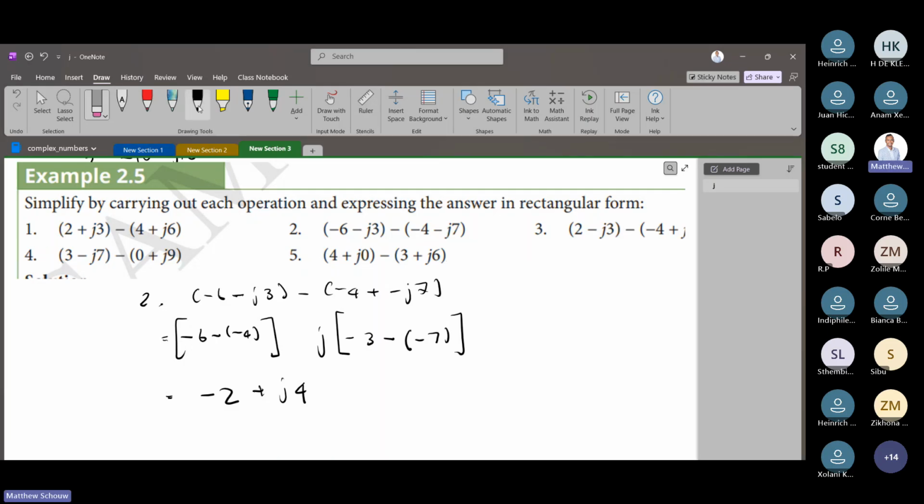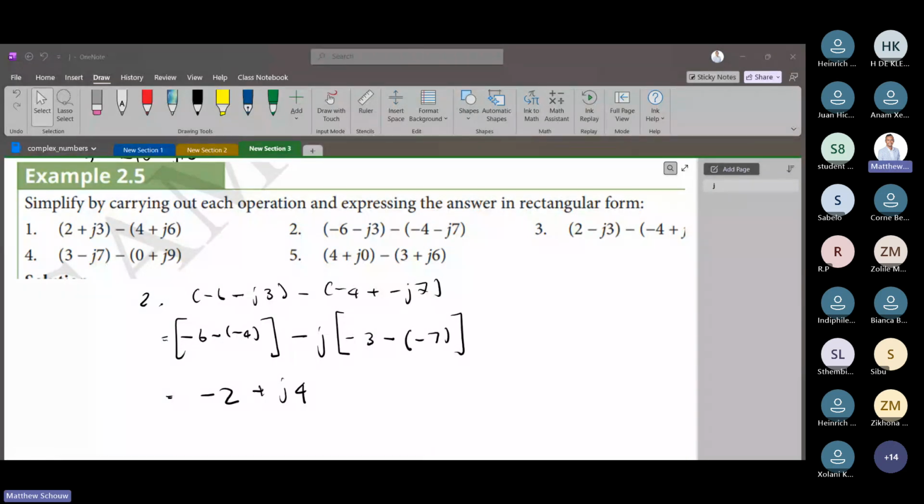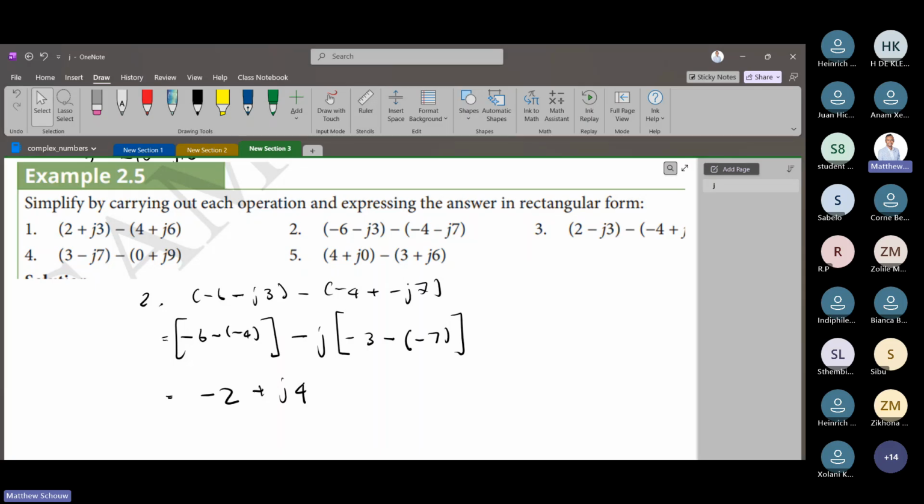If you put a negative here, then this would have been positive 4, right? Yes, sir. And then wouldn't that make that negative j4? Is that correct? Yes, sir.